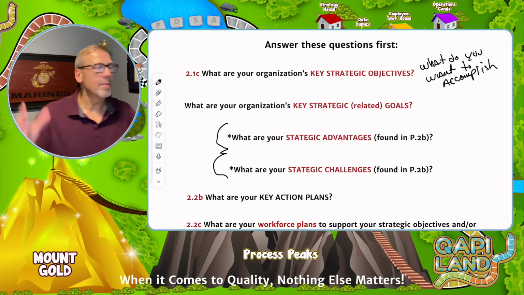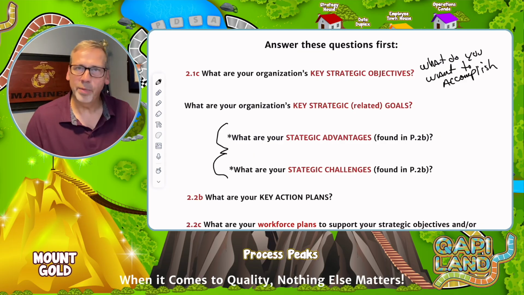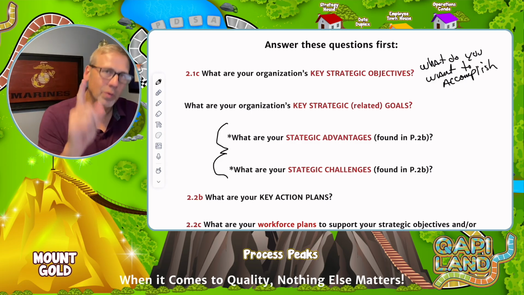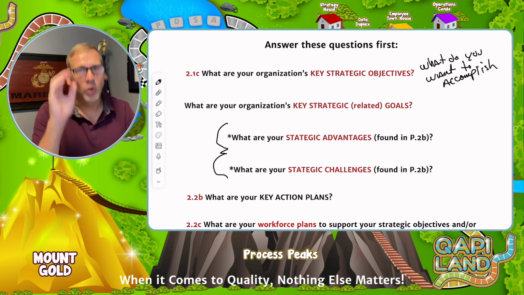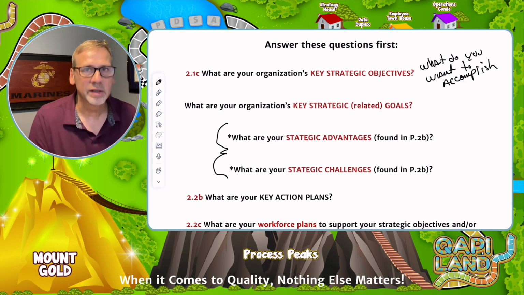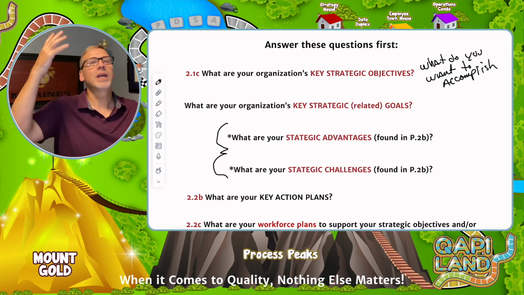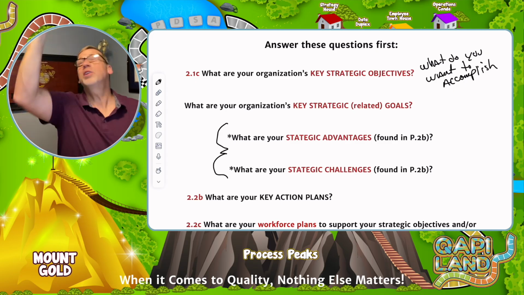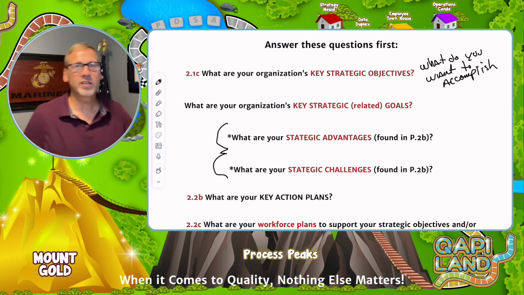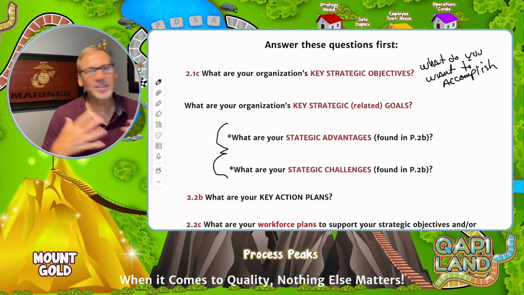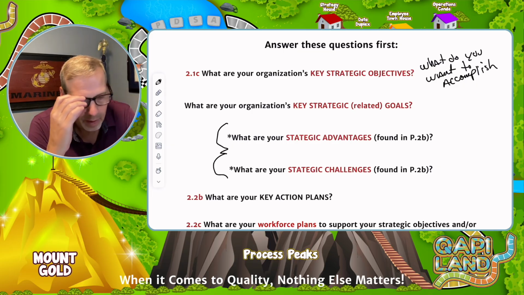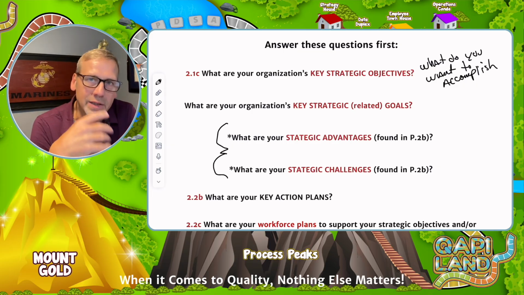And as you think about what you're trying to accomplish in your center, Silver Quality Award winners and Gold Quality Award winners don't just think hypothetically out of the air, going, oh, maybe we should focus on this, maybe we should focus on that. No. That's not how we do it. We take a look at our strategic challenges.